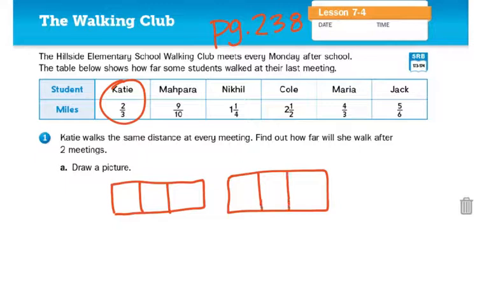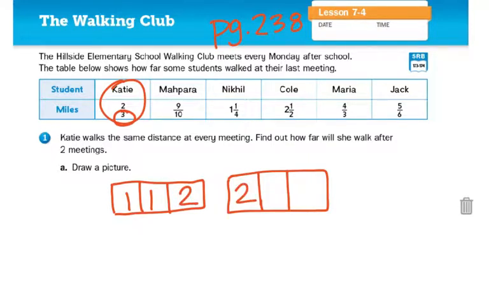I'm going to divide them into thirds since the denominator is thirds. So if I look, day 1, she walks 2/3 of a mile. And then day 2, here's 1/3 and 1/3, which is 2/3.